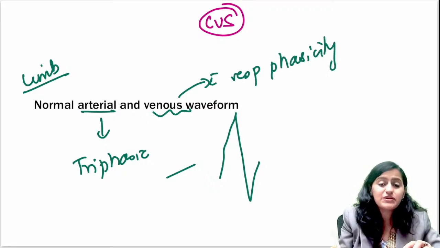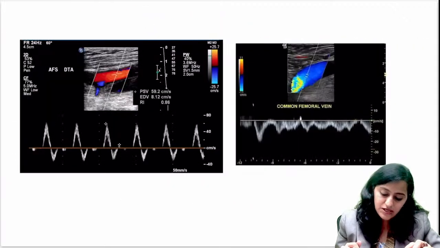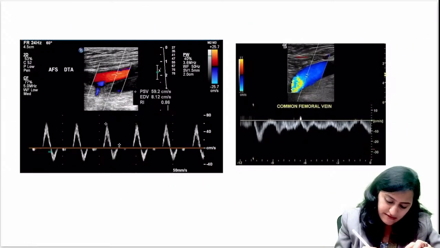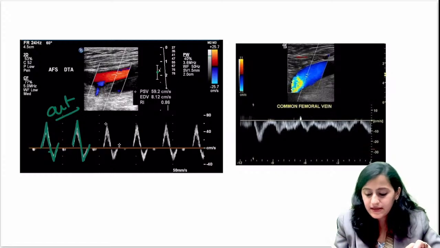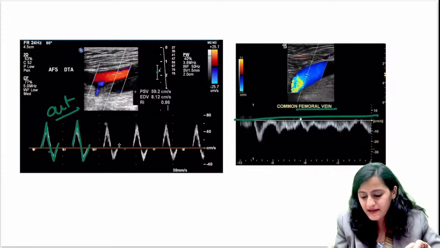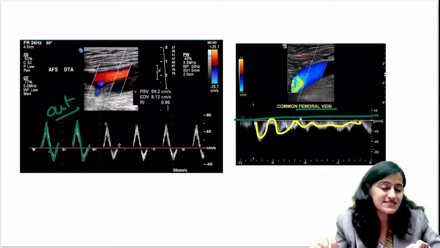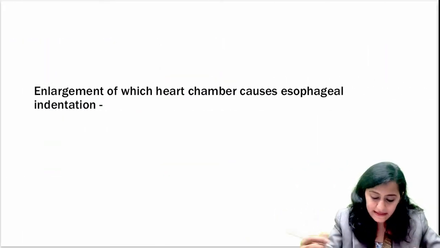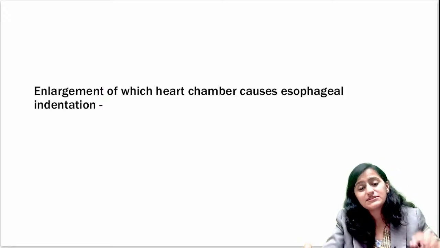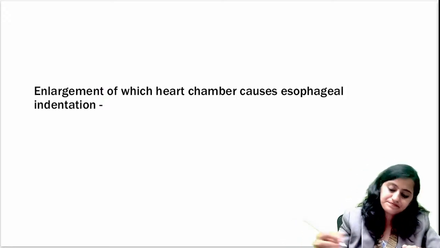It changes with respiration. Look at this: if you see a waveform like this, this is going to be an arterial waveform. And look at the venous waveform. It is on one side of the baseline, in only one direction, and it is showing the phasicity. It changes with respiration.